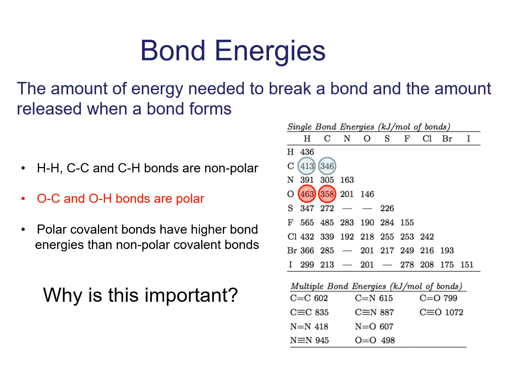This is what is responsible for your need for food and your need for oxygen. It's also responsible for the fact that you're breathing out carbon dioxide, as we'll talk about more in the future and in 112. So polar covalent bonds have higher bond energies than non-polar covalent bonds, and that allows you to extract stored energy from your food.